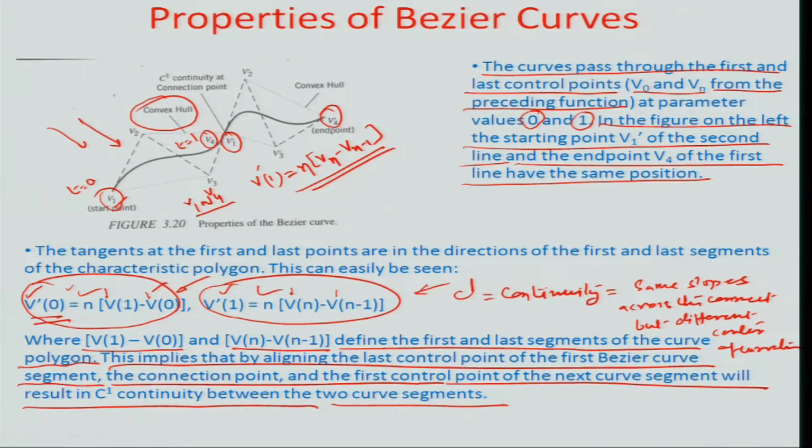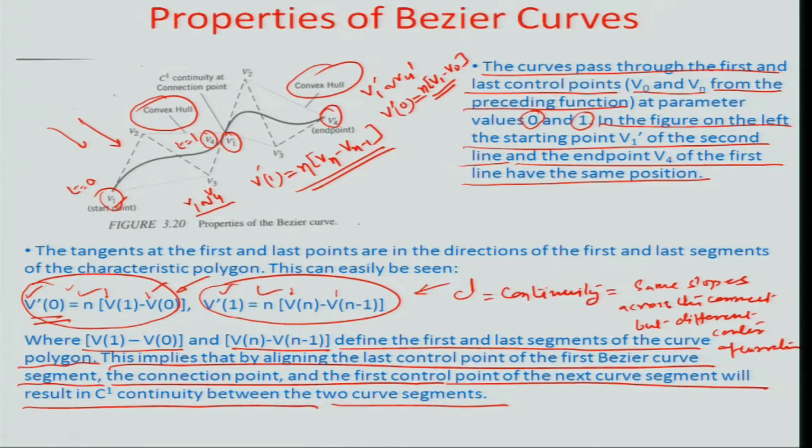And for the second convex hull corresponding to the points V1 dash to V4 dash, the slope at V1 dash corresponds to the slope at t equal to 0 for this new convex hull, which is equal to n times of (V1 minus V0).